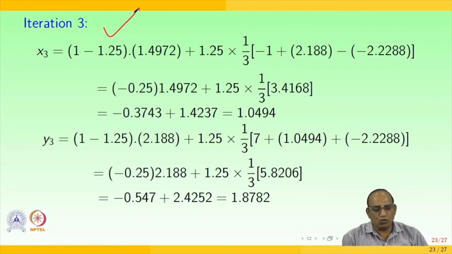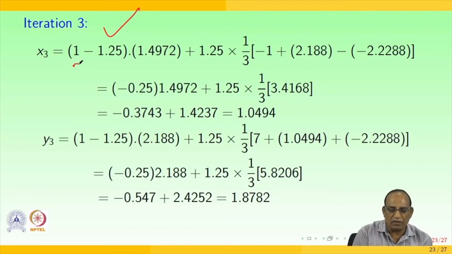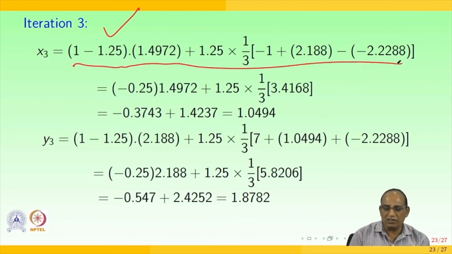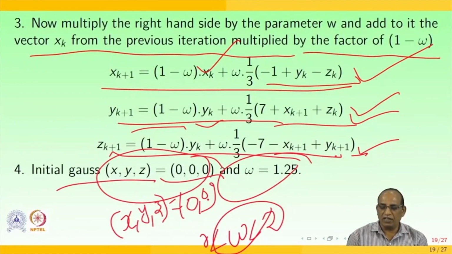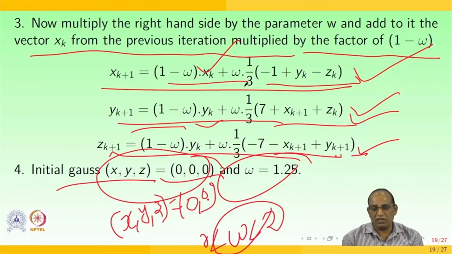Whatever is known previously, we substitute over here, minus 1.25, 1 minus, multiplied with this, and you write this. Simply, what I am trying to do is express everything in terms of this factor: xk plus 1 equals 1 minus omega times xk plus omega times 1 over 3 times minus 1 plus yk minus zk.